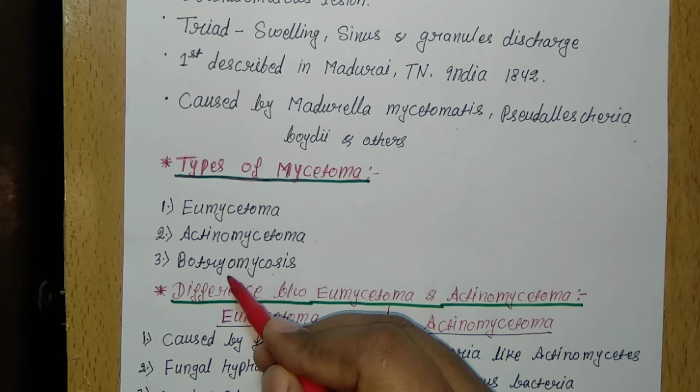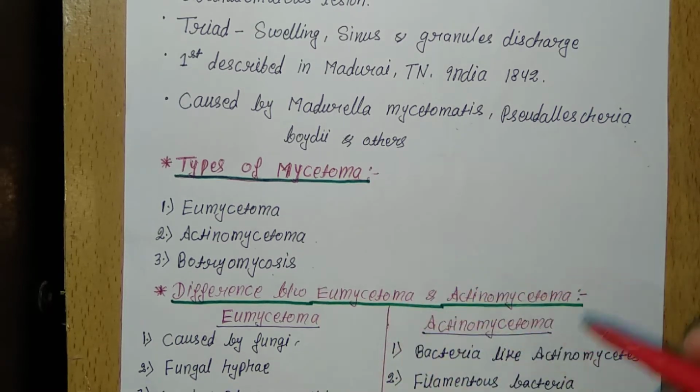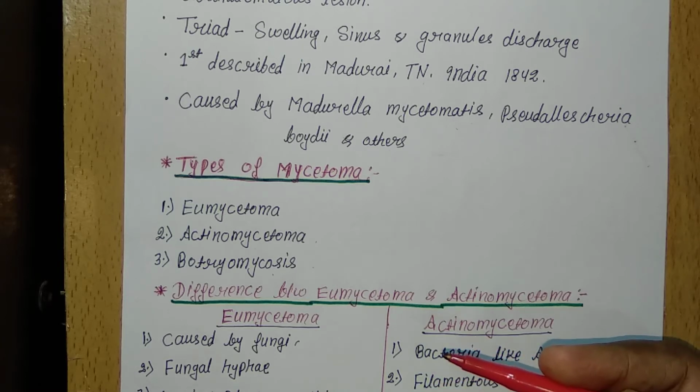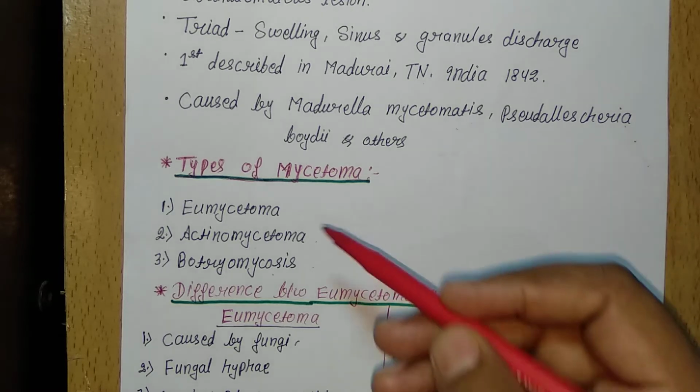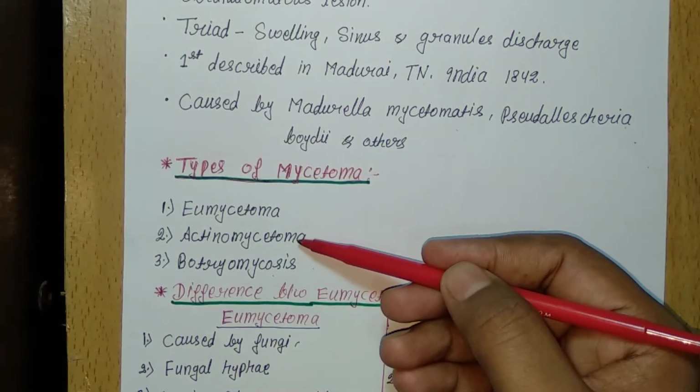And botryomycosis is a rare chronic bacterial granulomatous infection, and it mostly affects our skin and rarely the visceral organs of the body. So guys, these three are the types of mycetoma.